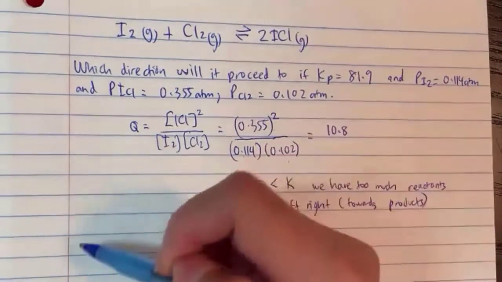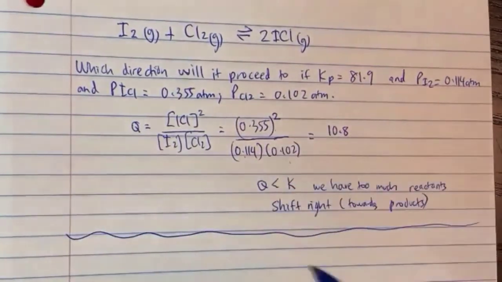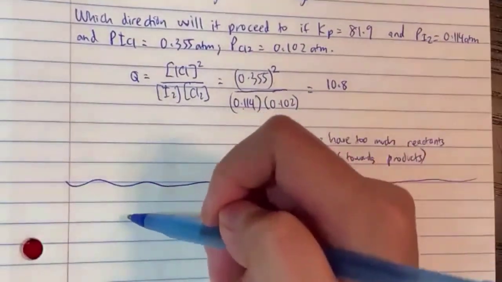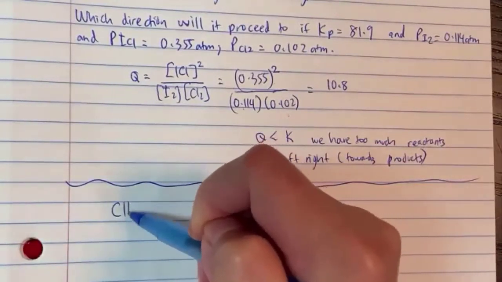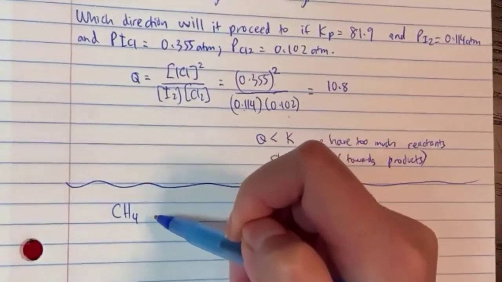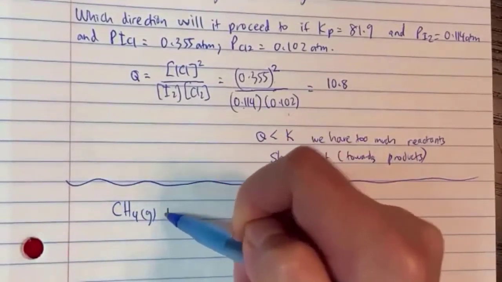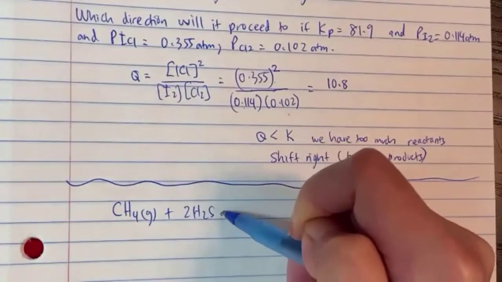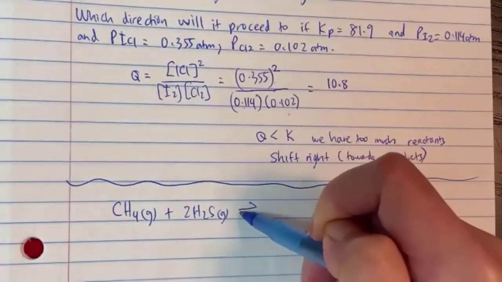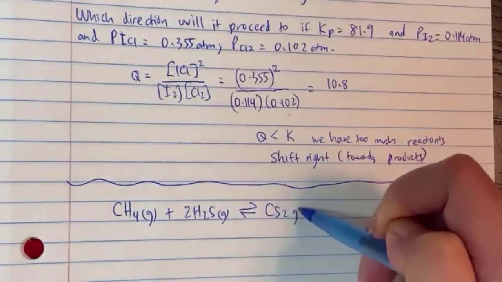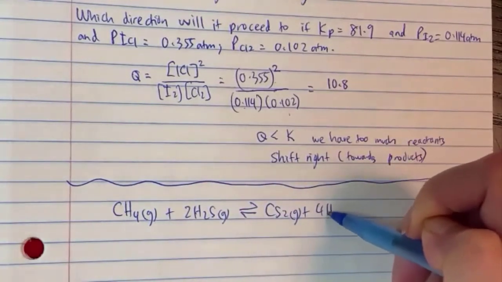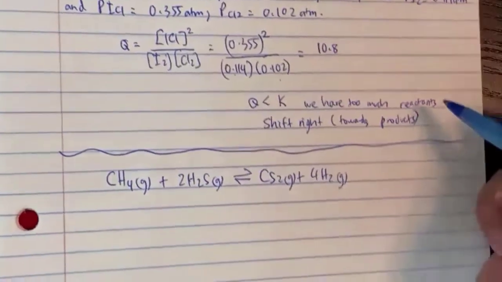Okay, so that's one example here. Let's try a few more. So this one here is just a combination of different scenarios. So the equation here will be given. CH4 plus 2H2S gives CS2 plus 4H2, and this is gas.